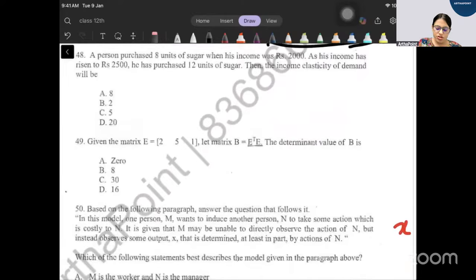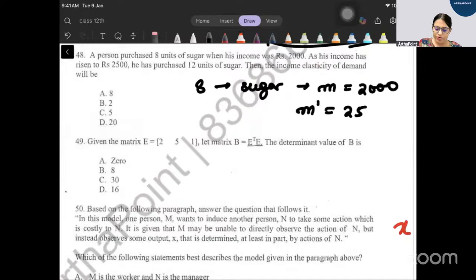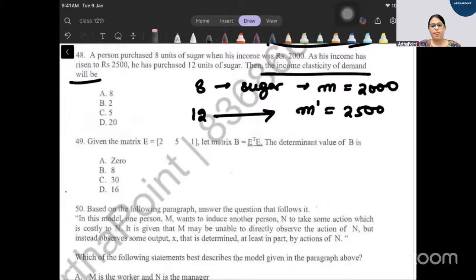A person purchased 8 units of sugar when his income was 2000. As his income increased to 2500, he purchased 12 units of sugar. Find income elasticity of demand. हाँ जी.